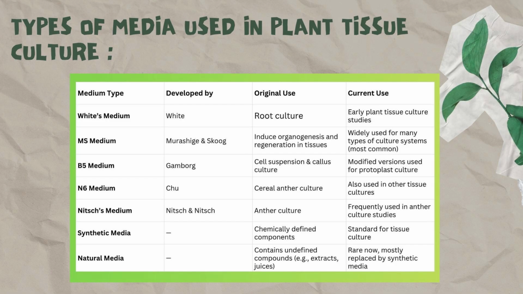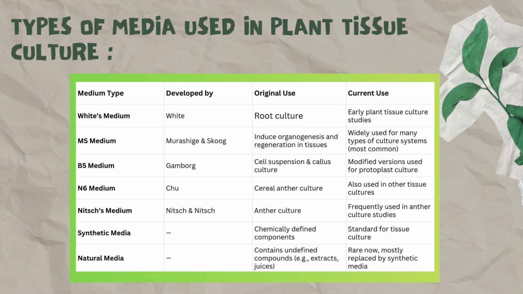Then there is B5 medium created by Gamborg. This was made for cell suspension and callus culture, but its modified versions are now crucial for protoplast culture, helping scientists isolate and study plant cells without walls. N6 medium was introduced by Chu, mostly for cereal anther culture.